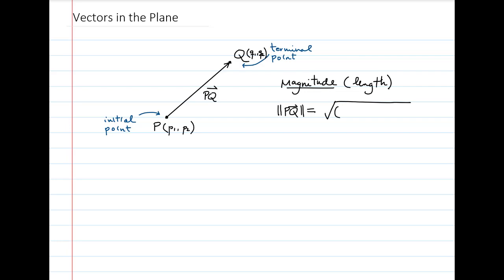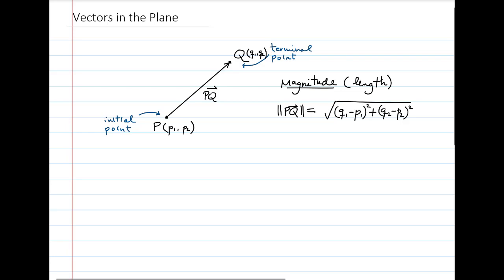The distance formula says that the length of this line segment PQ is the difference of the x coordinates squared plus the difference of the y coordinates squared. In other words, Q1 minus P1, all squared, plus Q2 minus P2, all squared, and of course the square root of all that. So that's the distance formula. For us, that's what's going to represent the magnitude of a vector.